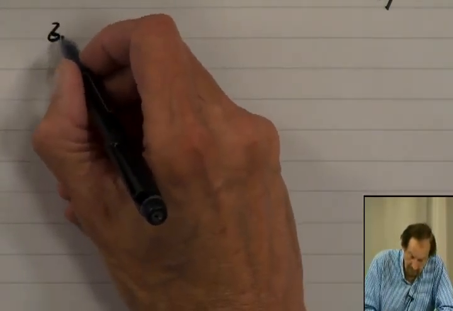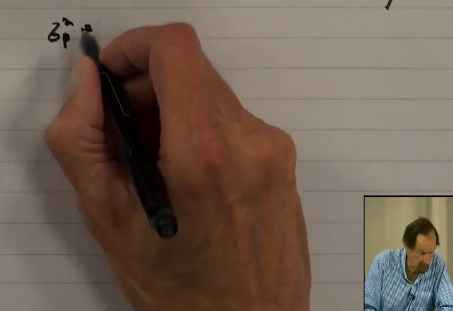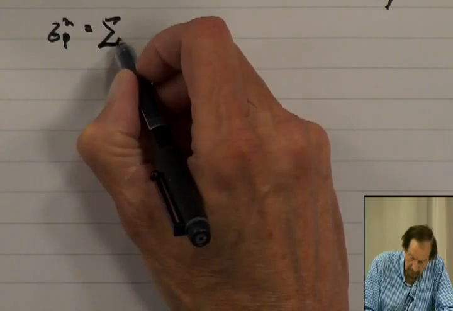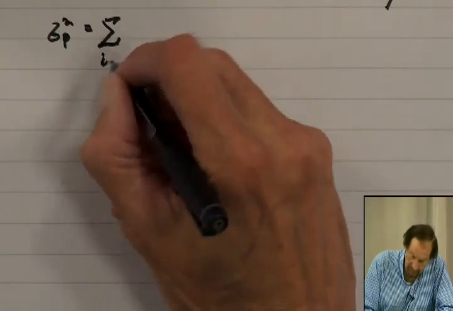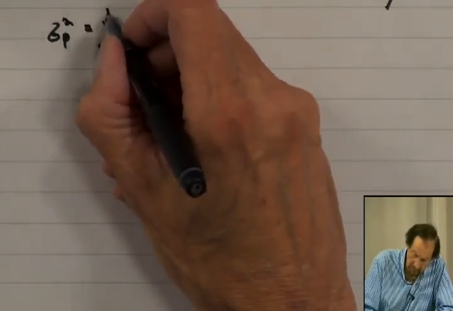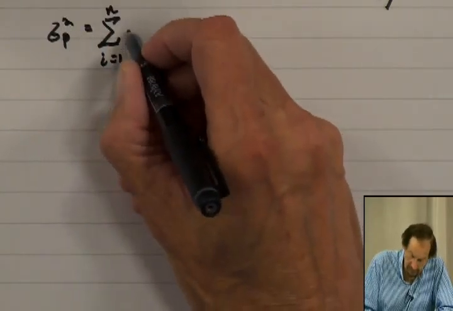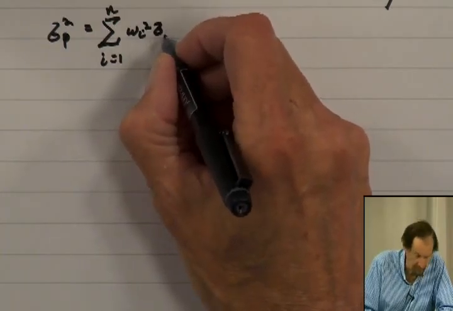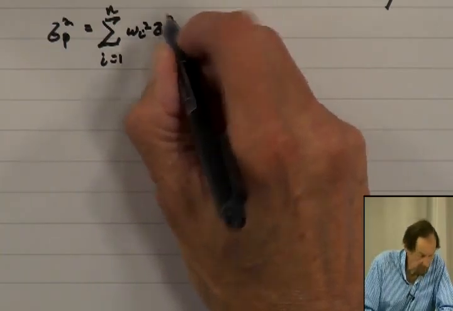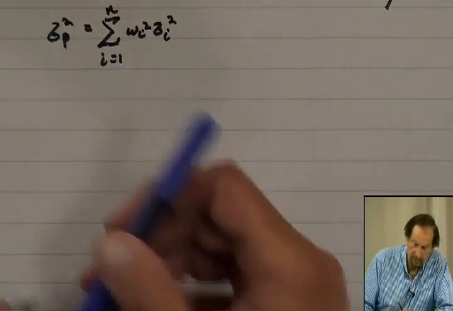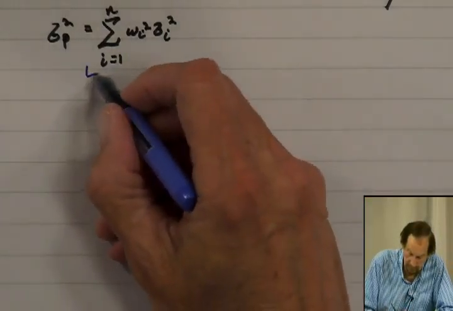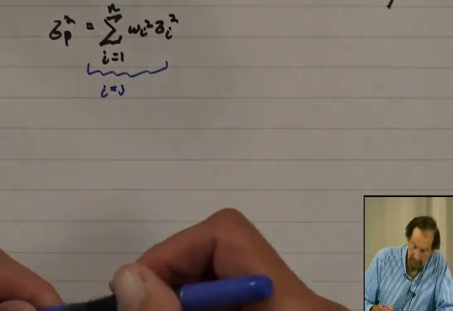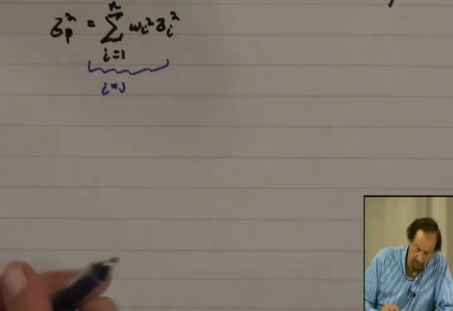Now we have sigma p squared equals what? First we gather all the variance terms, i equals 1 to n, w_i squared sigma_i squared. These are all the terms where i equals j. When i equals j, we just get the covariance equals the variance.